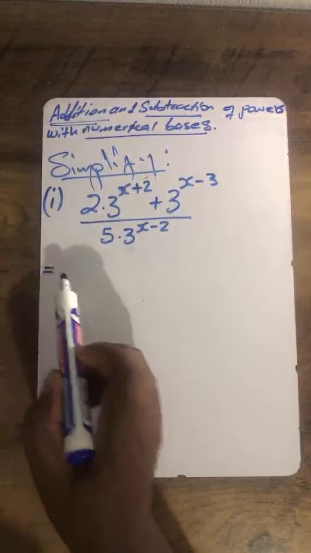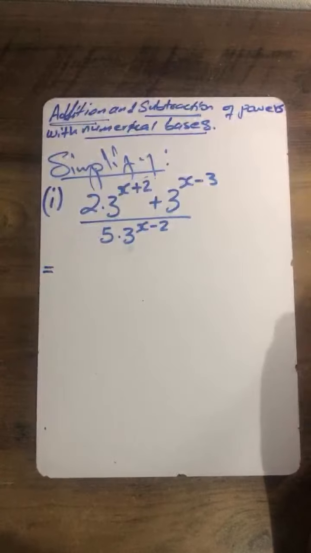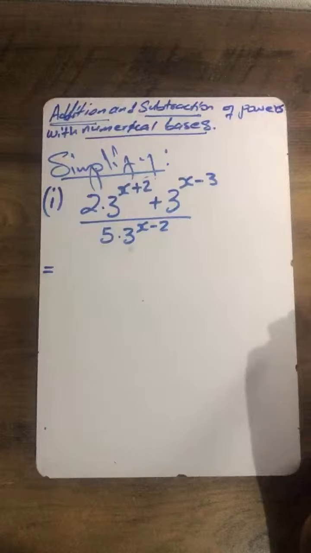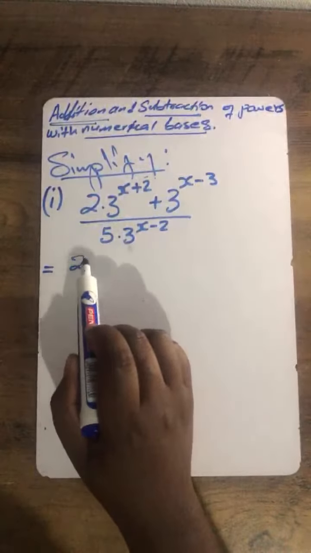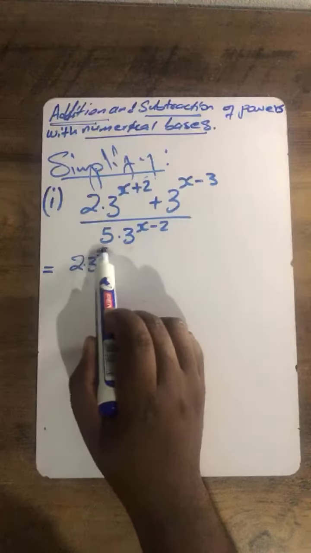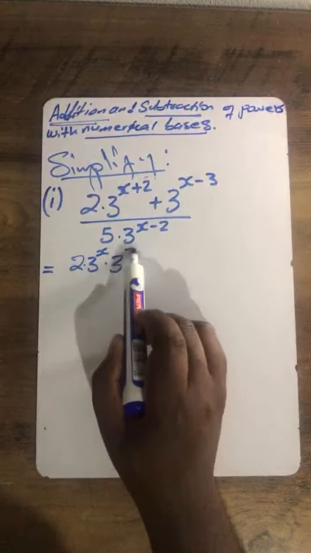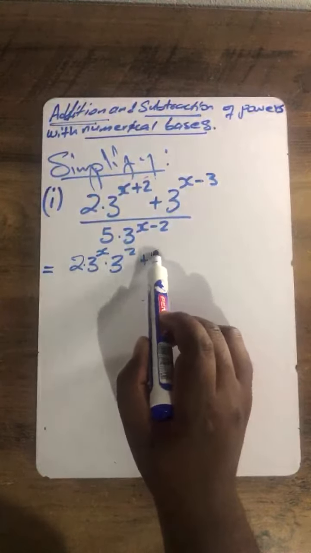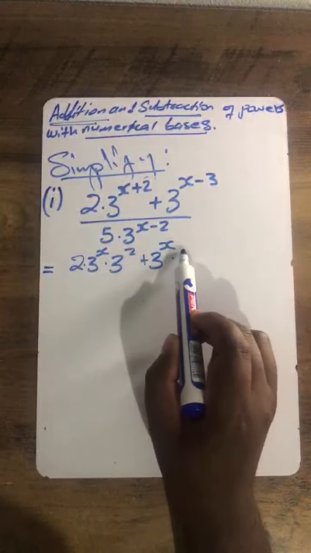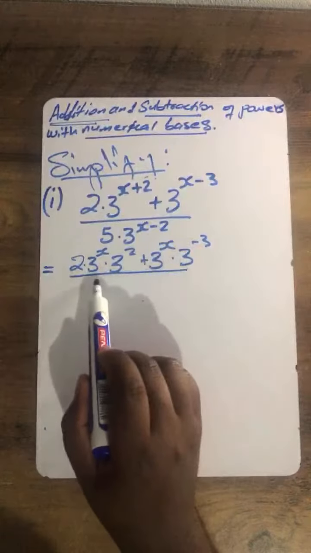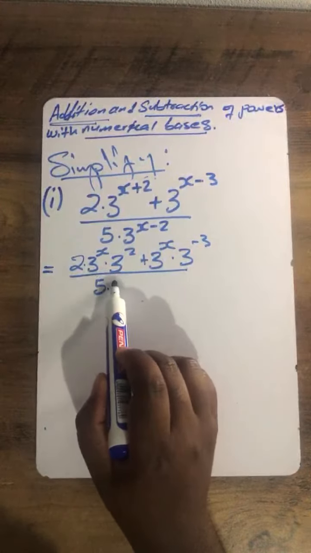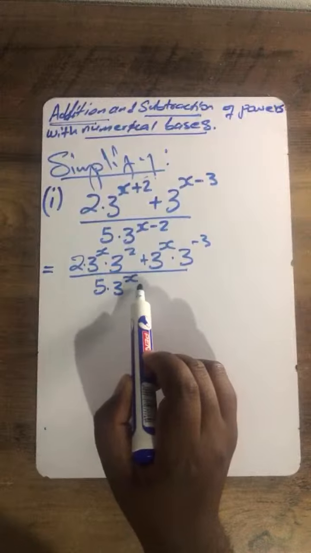It's fine. I see you guys got some answers for me. So let's see if I'm going to get the same answers that you got. Again, what we are going to do is to say 3 to the that, then we still have 3 squared, plus 3 to the that, and then you have that to the that, over that to the that.